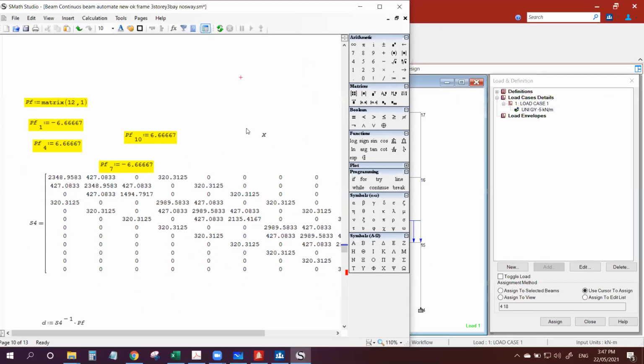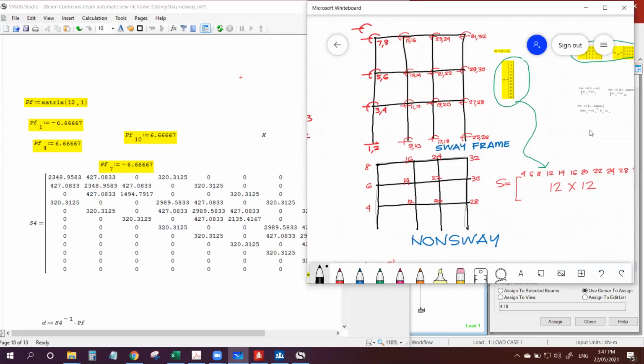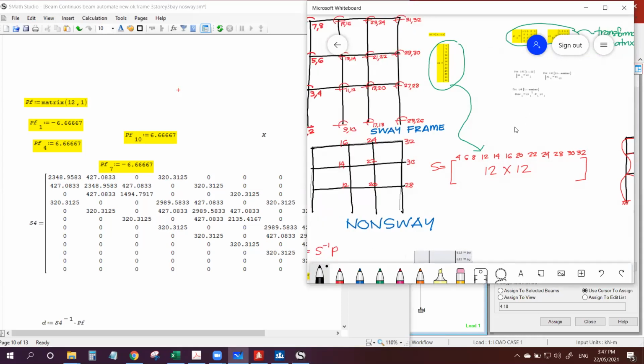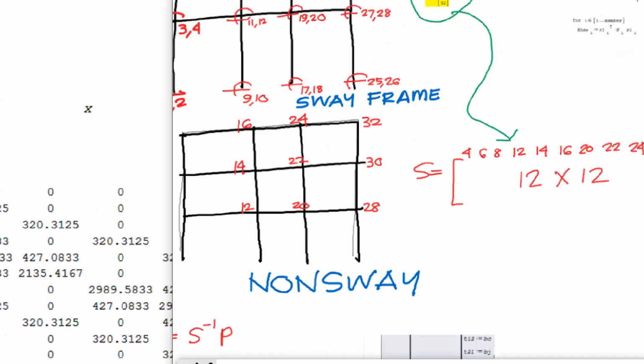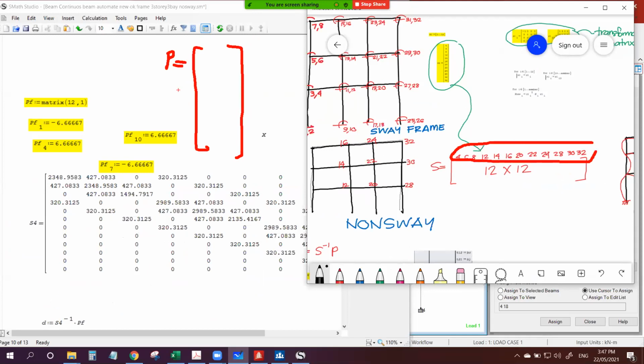Where's my SMAT? Oh, sorry, my whiteboard. There. Okay. So if you will lay down our P vector, diba? The code should be consistent with this.